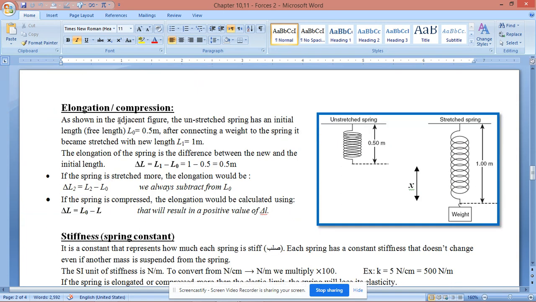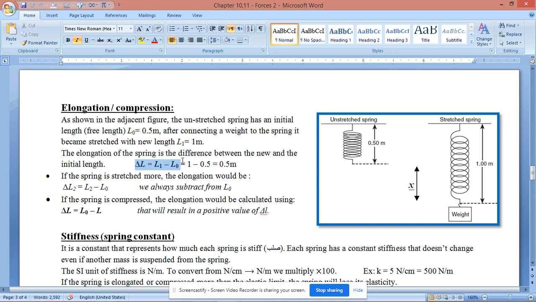The elongation or compression is the difference between the initial length, which is the starting length, and the new length. Elongation is the subtraction of the new length L1 minus the initial length L0.